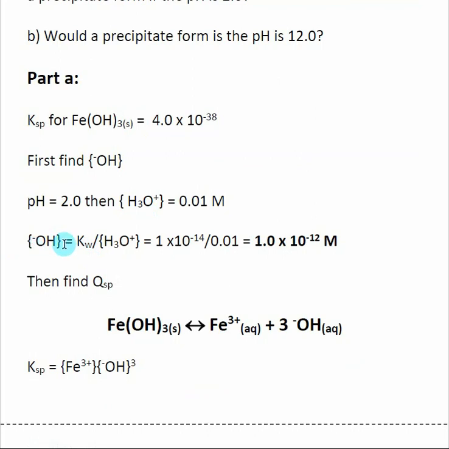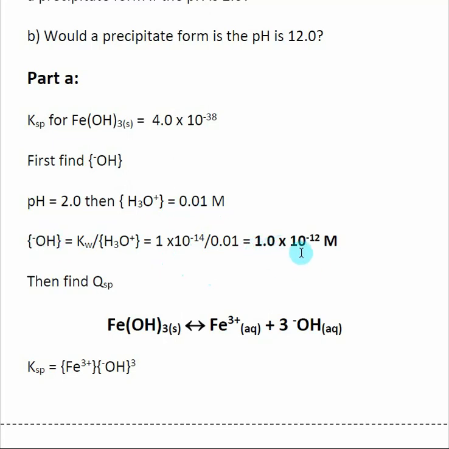So concentration of hydroxide times the concentration of hydronium is equal to Kw, or the concentration of hydroxide is equal to Kw divided by the concentration of hydronium. Kw is a constant. The concentration of hydronium we calculated up here.